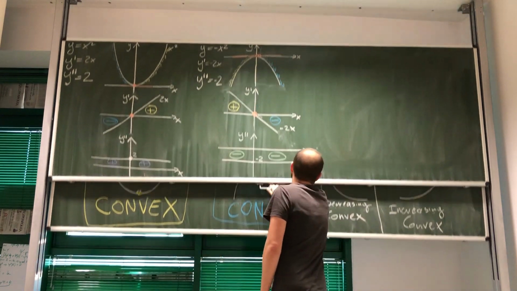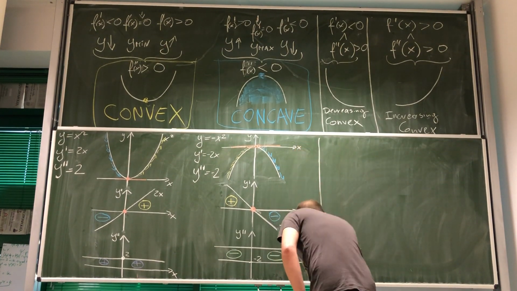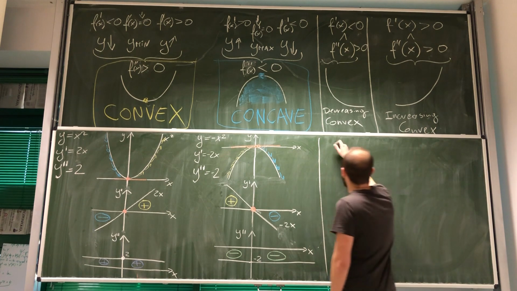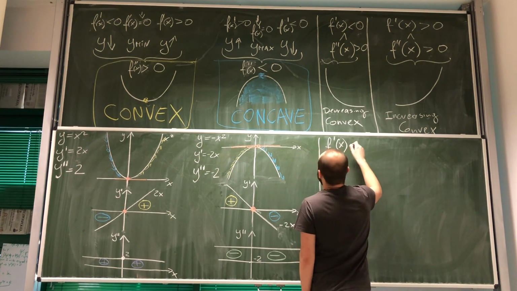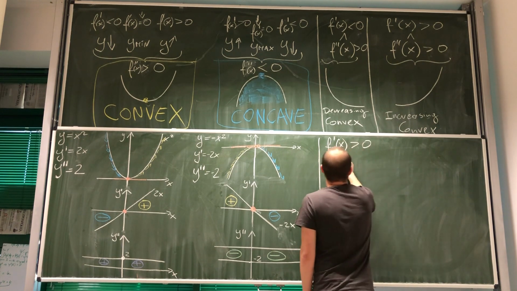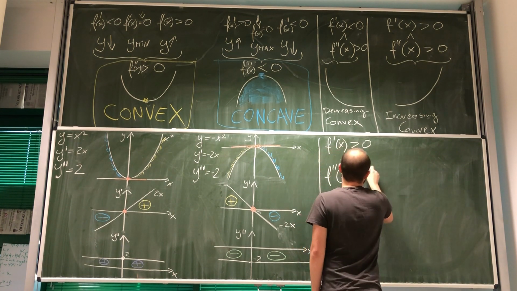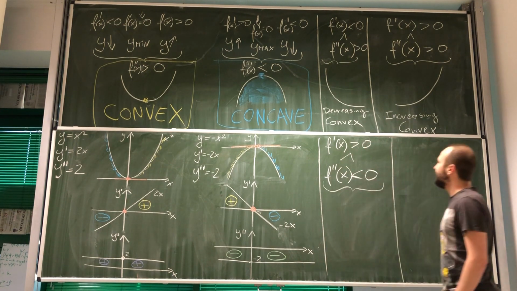Okay, so, of course, now we've just dealt with convex functions. Let's move to concave. If the first derivative is bigger than 0 and the second derivative is smaller than 0, what does this imply?